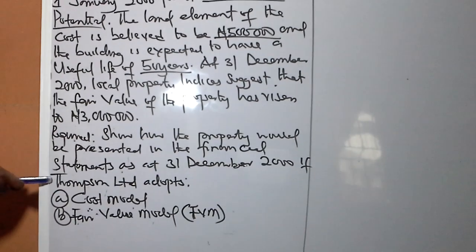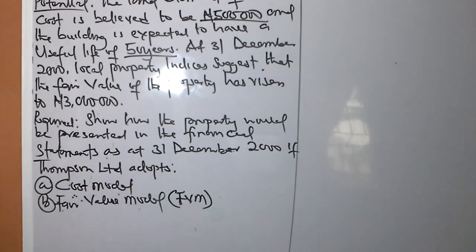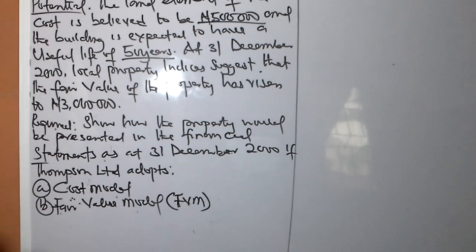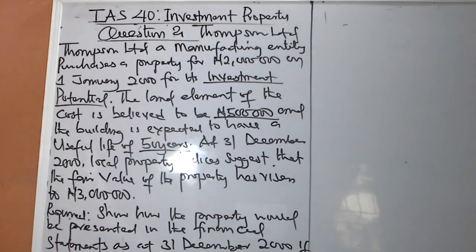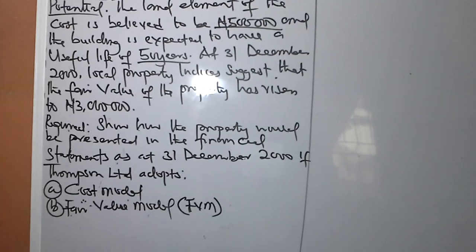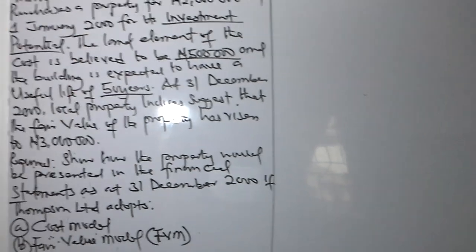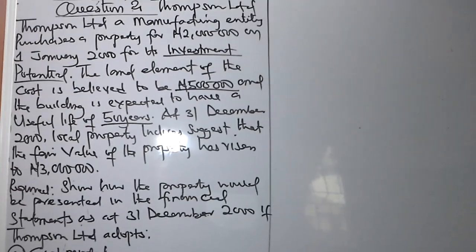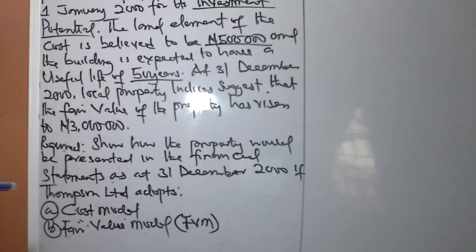A, Thompson Limited adopts the cost model, B, the fair value model. Now, when you hear that you should show how a transaction would reflect in the financial statements, they are asking you to prepare financial statement extracts. Is that clear?